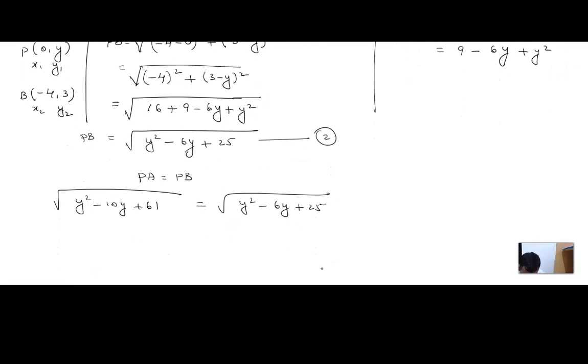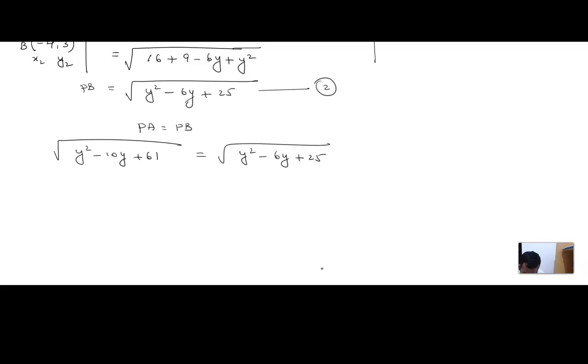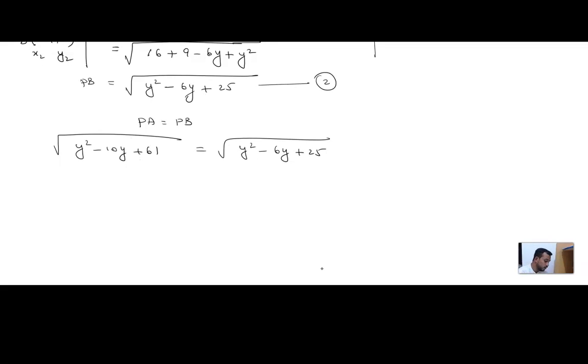Are you getting, children? I hope you are understanding these values. Good. Now let me see what is common on both sides. Square root gets cancelled. Y square gets cancelled. Now what is left? Minus 10y plus 61 is equal to minus 6y plus 25.